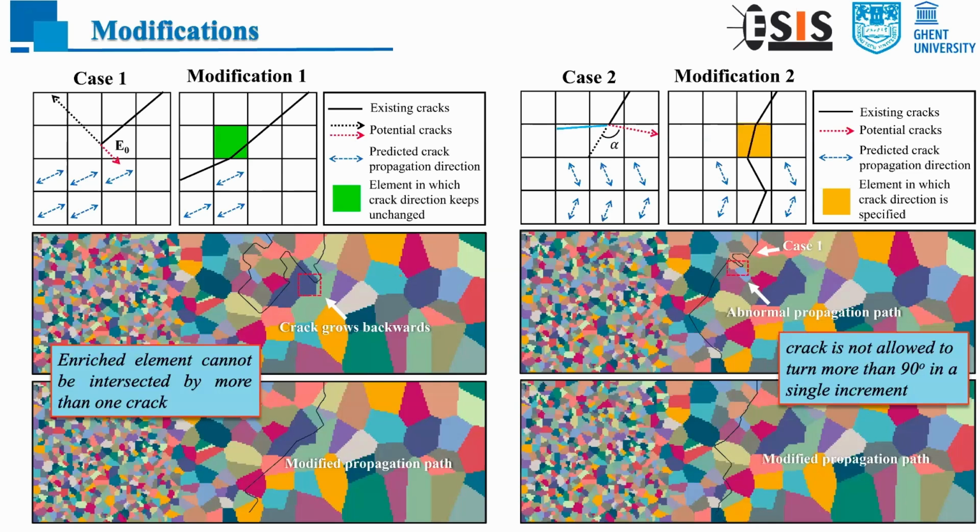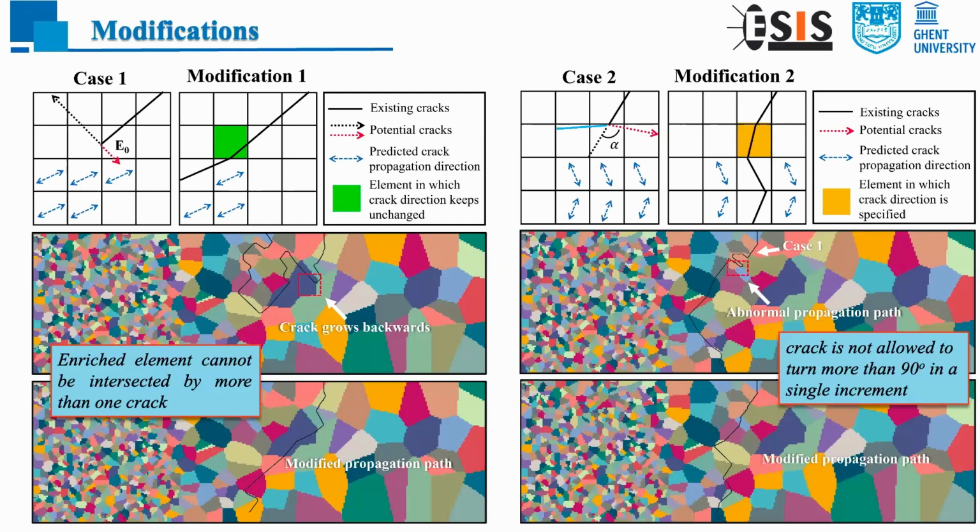In this element, the predicted direction is shown by this intersection line. So if it propagates along the red line, there will be two crack lines in the element E0. So this is not allowed by XFEM.